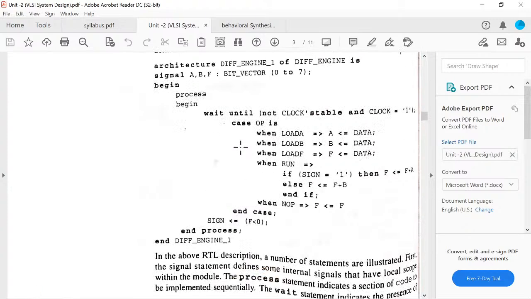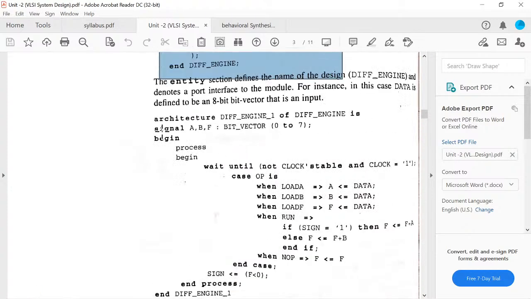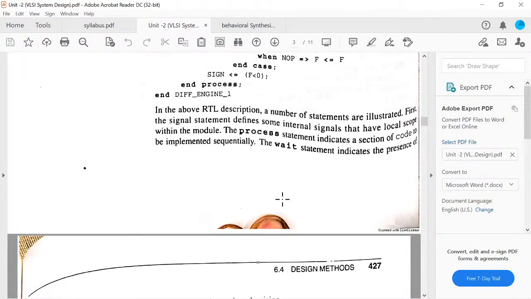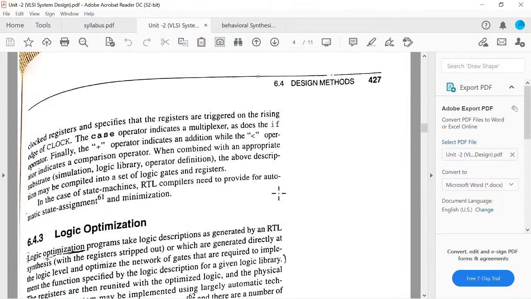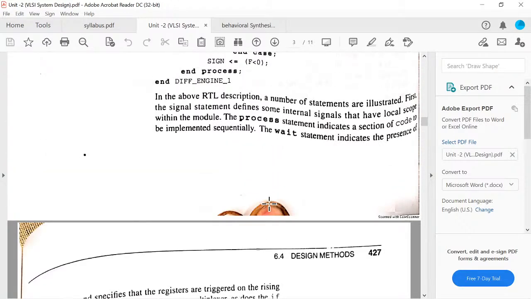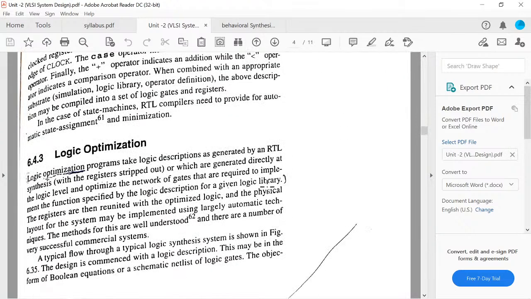One more advantage of this RTL synthesis is that you can implement the circuit, provide the timing abstraction, and also verify the circuit as well. So this one is all about RTL. In that, you will provide some VHDL language for your required operation.